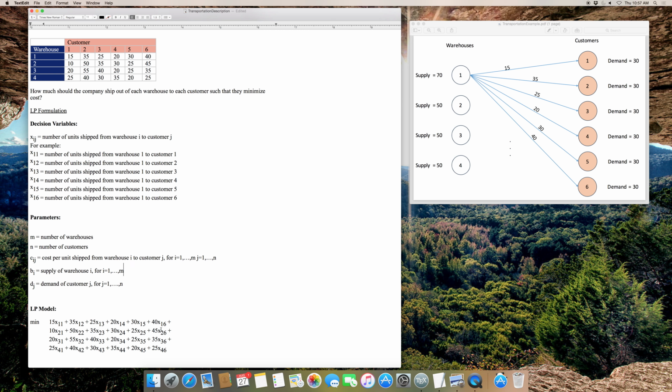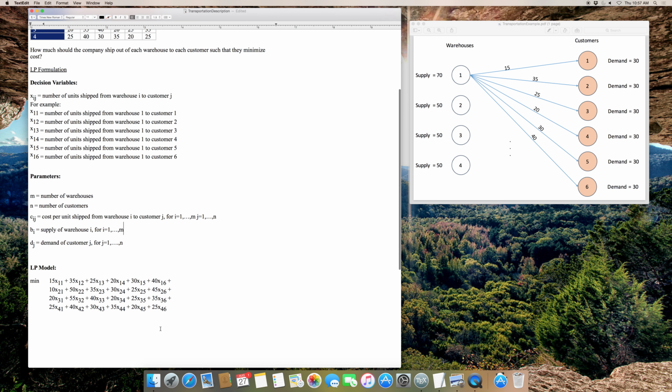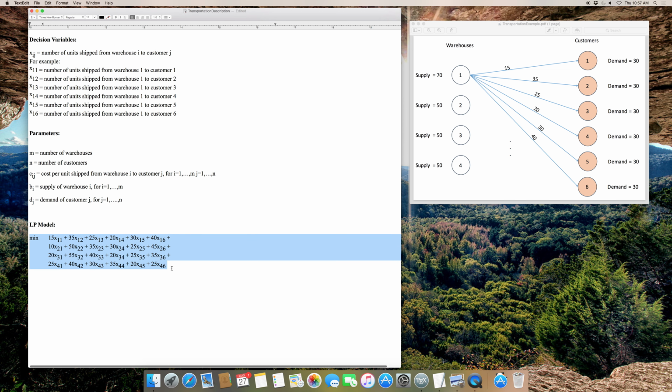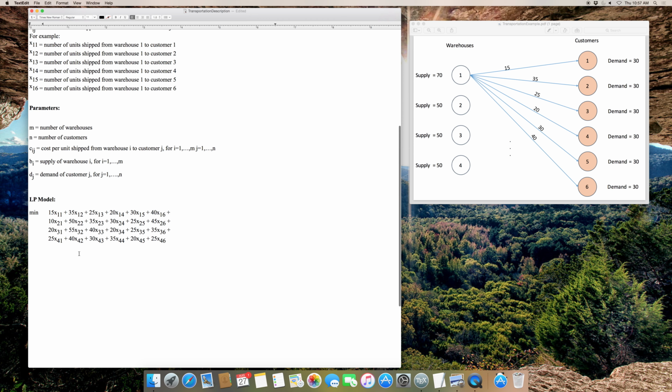So this is warehouse 2 to customer 6, and it has a cost of 45 times the amount I ship, which is x26. You can see here already, as you would increase the number of warehouses and the number of customers, this is going to be tedious to write out longhand, and so that's what we get to in our next formulation, where we're going to use my indices and sum over warehouses and customers.